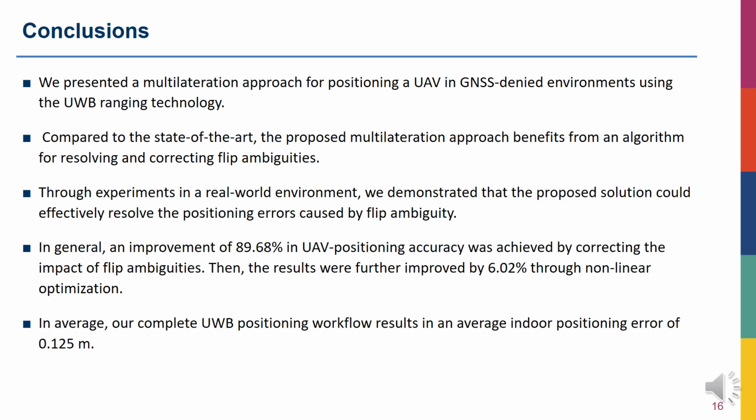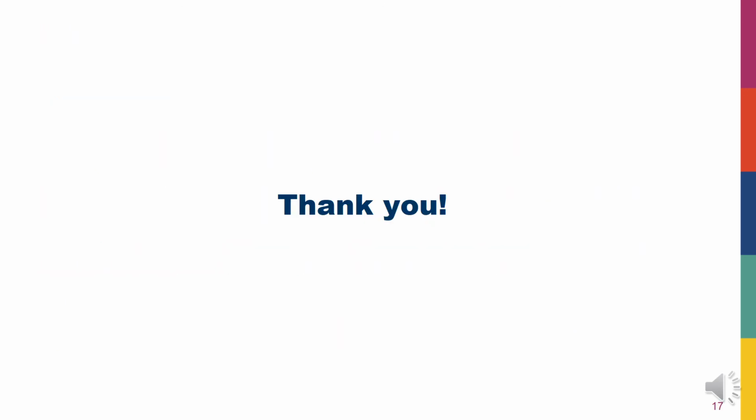In general, an improvement of 9.68 in UAV positioning accuracy was achieved by correcting the impact of flip ambiguities. Then the results were further improved by 6.02 through the nonlinear optimization. On average, our complete UWB positioning workflow resulted in an average indoor positioning error of 0.125 meter. Thank you for listening.